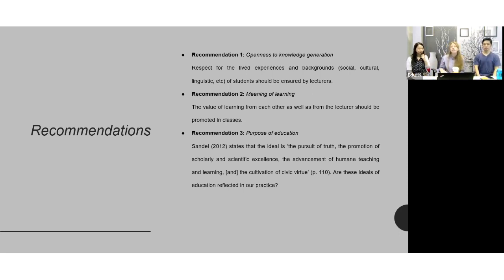Recommendation number three is that we need to really look at the purpose of education. What is going on? Why are we here? And what are we trying to do? There's a really great quote from Michael Sandel, which I absolutely love. He talks about the ideal of education as being the pursuit of truth, the promotion of scholarly and scientific excellence, the advancement of humane teaching and learning, and the cultivation of civic virtue.